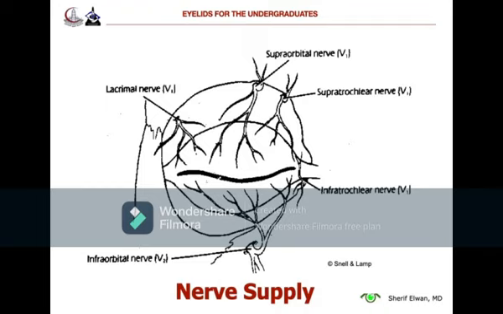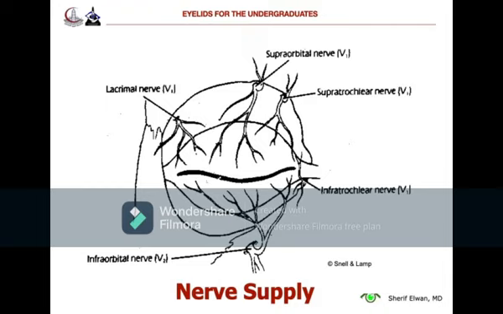The levator palpebrae superioris takes supply from the third cranial nerve, as well as the other extraocular muscles, except the superior oblique, which takes innervation from the fourth trochlear nerve, and the lateral rectus, which takes innervation from the sixth cranial nerve.